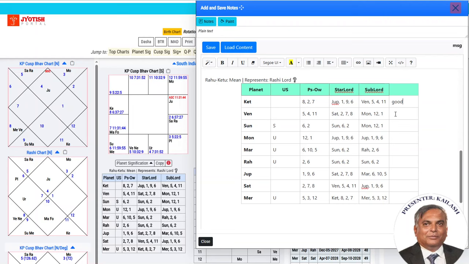Let's look at Venus. 5, 8, 12. You see the 5, 8, 12? 5 is there, 8 is there, 12 is there. So a 5, 8, 12 usually indicates pressure from the creditors.